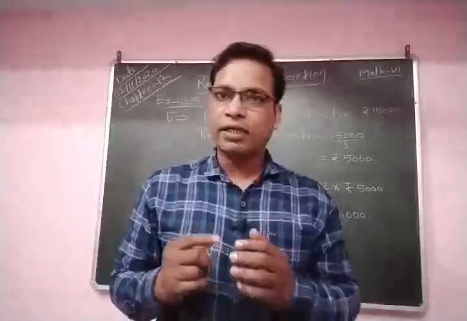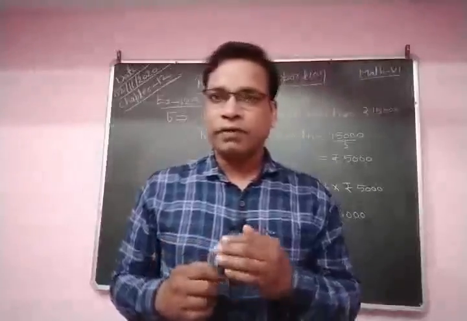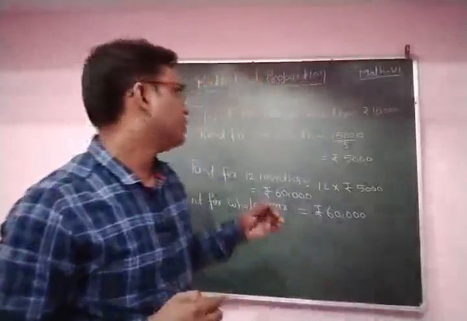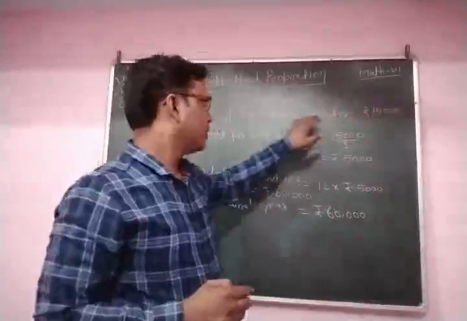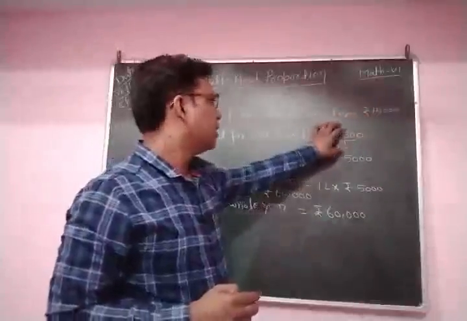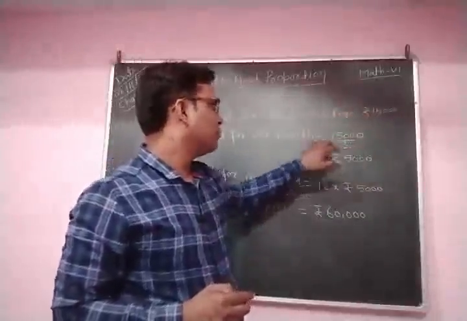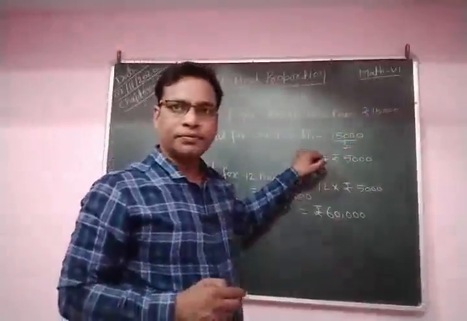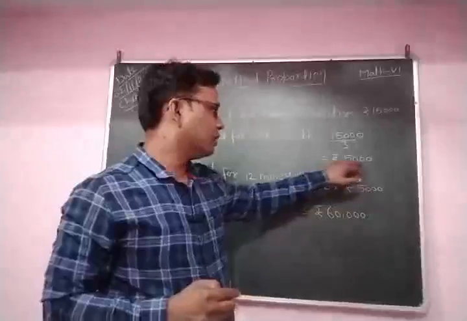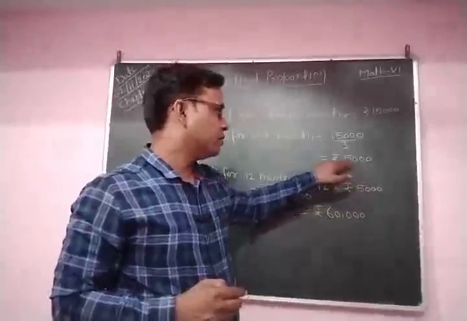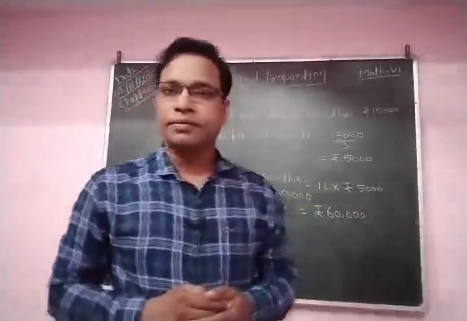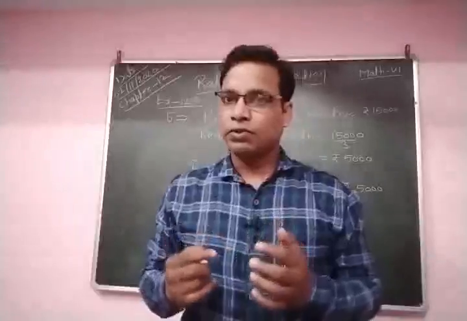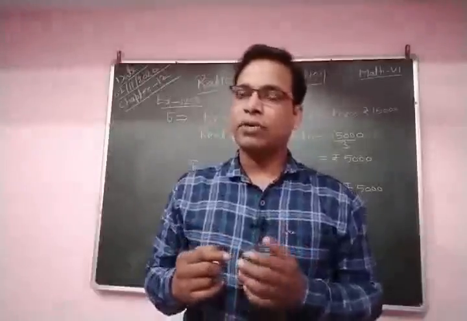After this, we find the rent for 1 month. We divide 15,000 by 3 because this is the rent of 3 months. Then we obtain the rent for 1 month, 5,000. But in this question, we are asked to find the rent of the whole year.